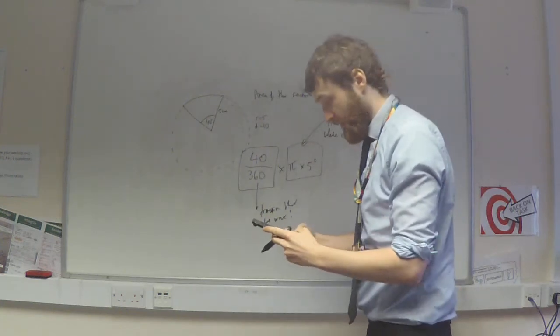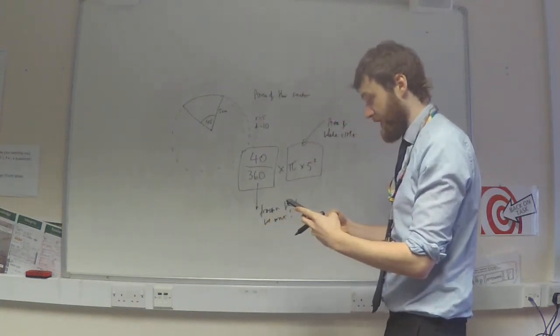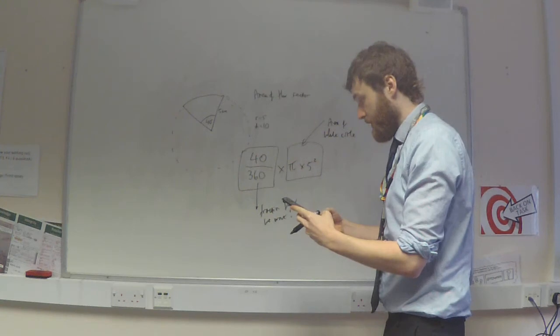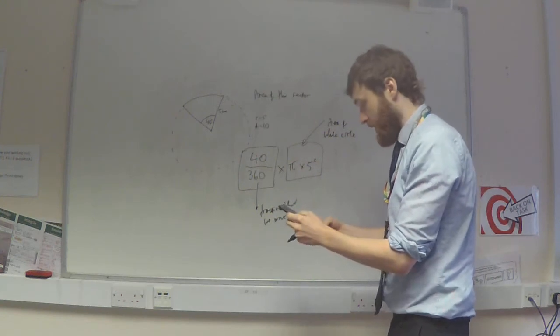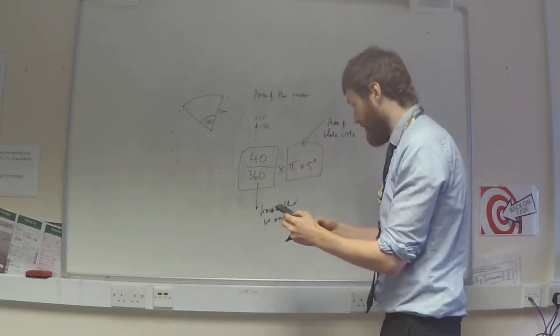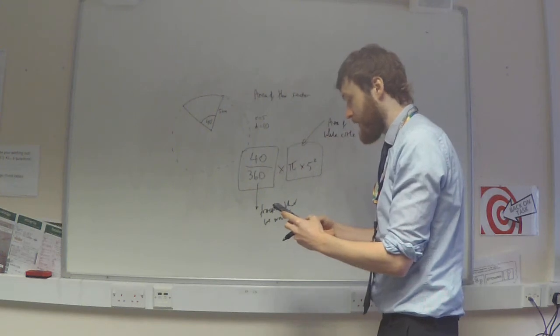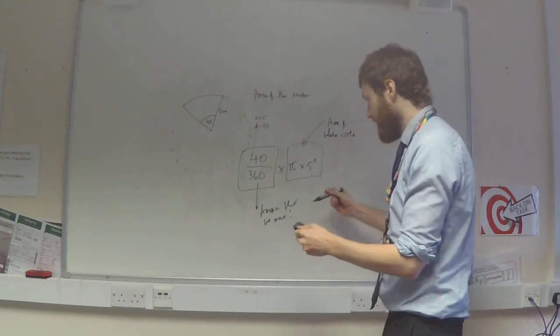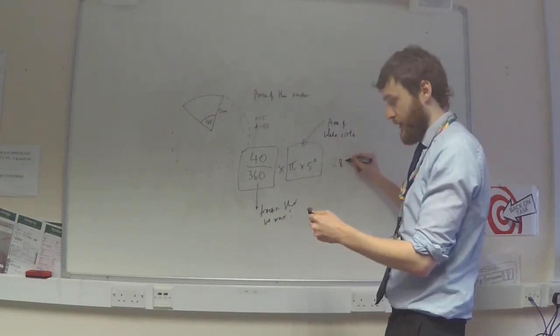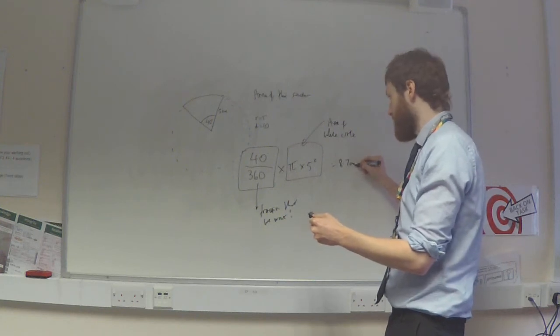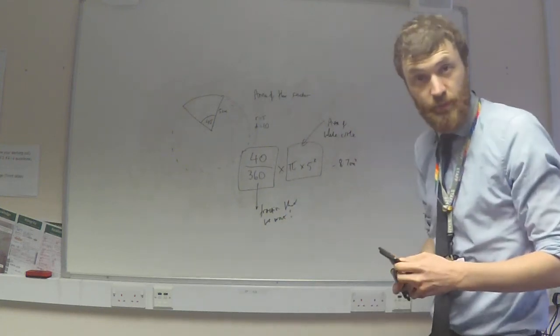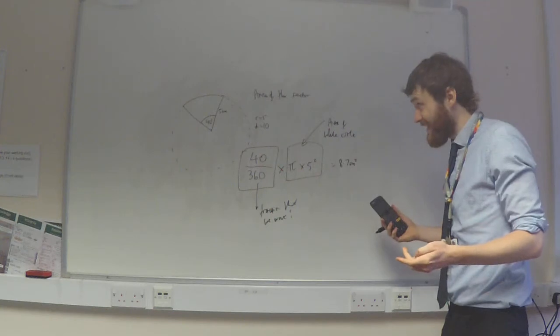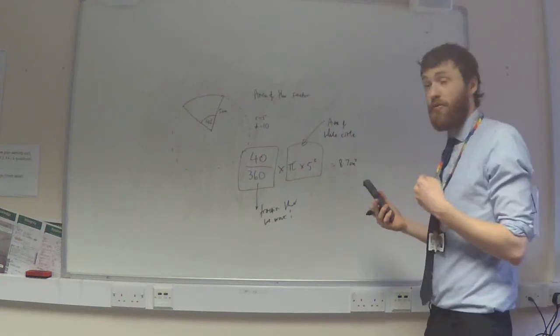So I would type that in the calculator. I'll go 40 divided by 360. Then I would say times by pi times by 5 squared is 8.7 centimetre squared.